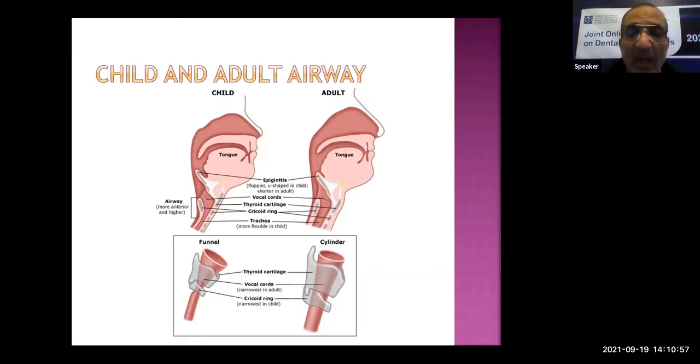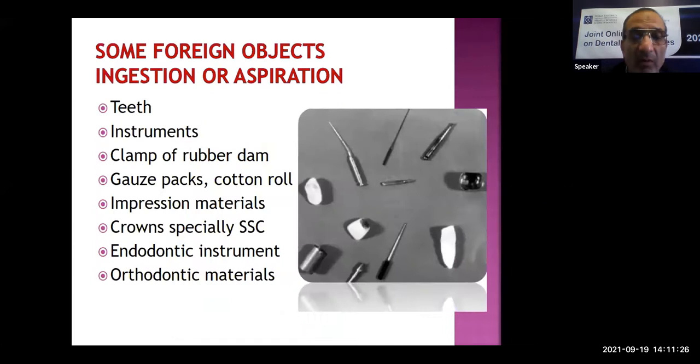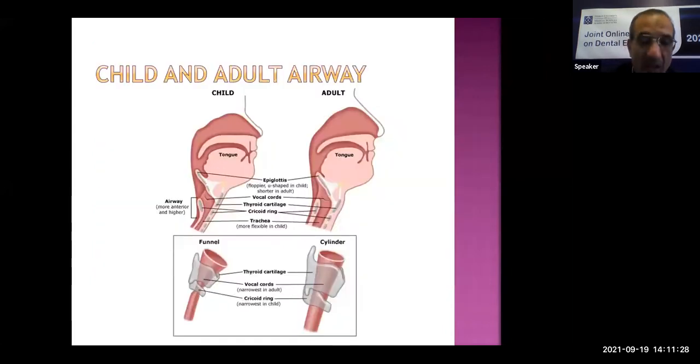The pharynx in the child is higher, and the vocal cord and the trachea are funnel shaped, which helps material go to the trachea. But maybe it is a good chance for us for it to lodge in the cricoid area.